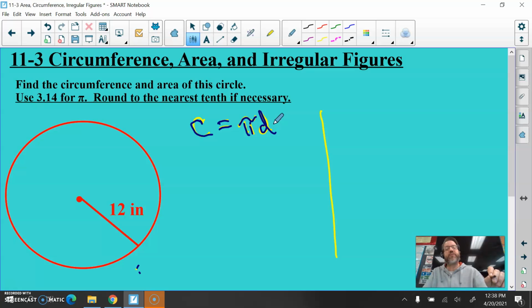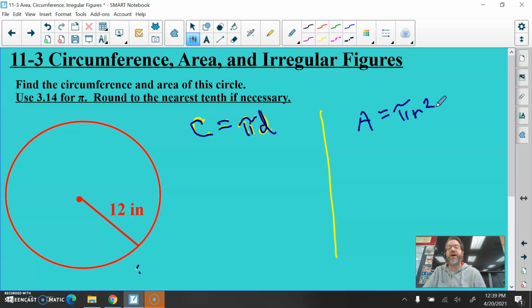That's one formula that would be really good if you memorized it. And then to find the area, we find A equals pi r squared. These are the only two formulas that we really ever use for circles, and they're pretty easy to remember.